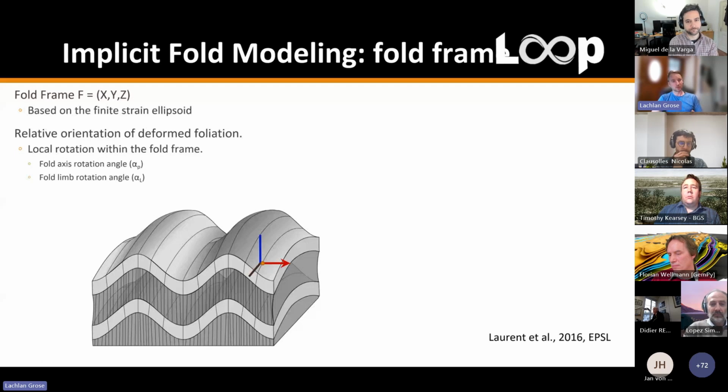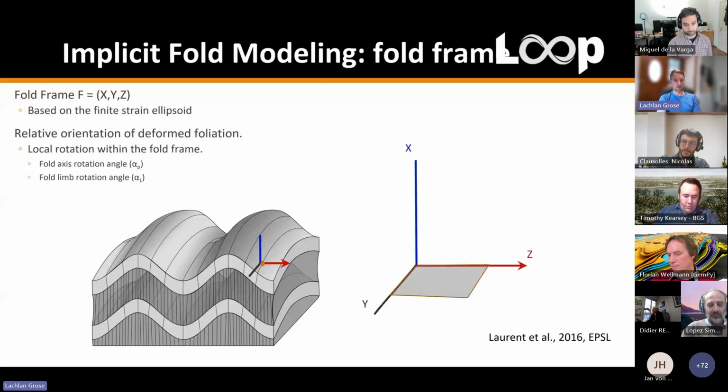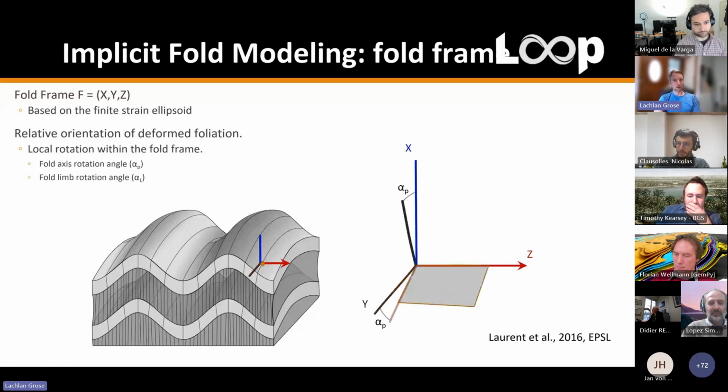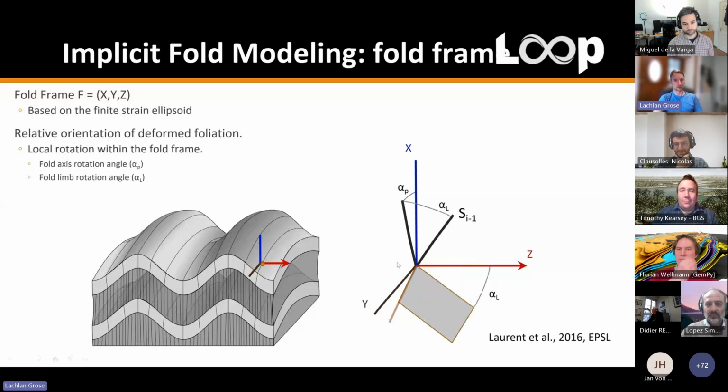And then if we know the rotation, these two parameters, which are the rotation angles of the fold, which describe firstly what the fold axis would be locally. So if we rotate that y vector by the fold axis rotation angle, we get the local orientation of the fold axis, and then we can rotate that plane defined by the fold axis and the z vector by the fold limb rotation angle around the fold axis, and that gives us the local orientation of the folded surface.